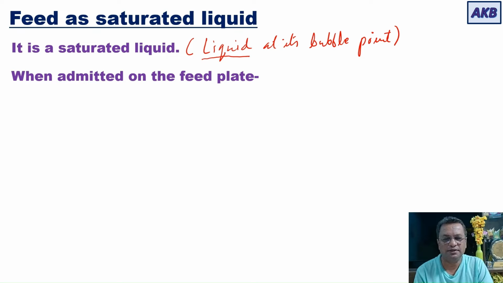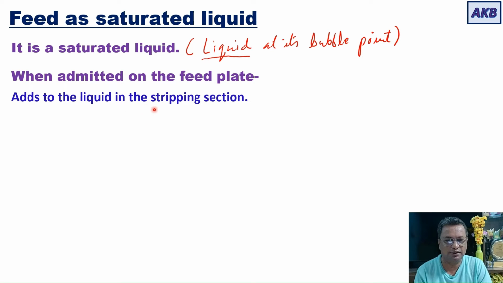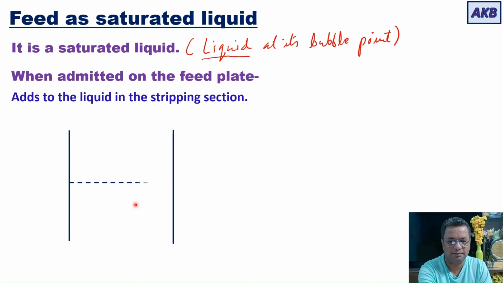Okay. So when saturated liquid is admitted on the feed plate, what happens on the feed plate? Saturated liquid will be entirely liquid, and all of the liquid will be getting added to the liquid in the stripping section. We can understand this with the help of the schematic diagram.